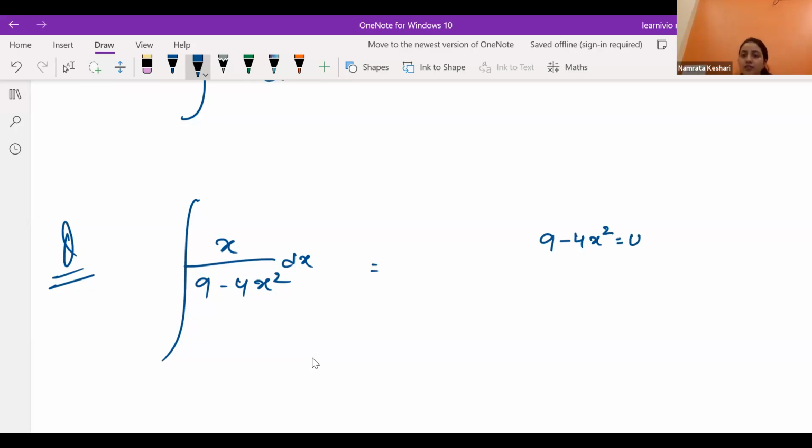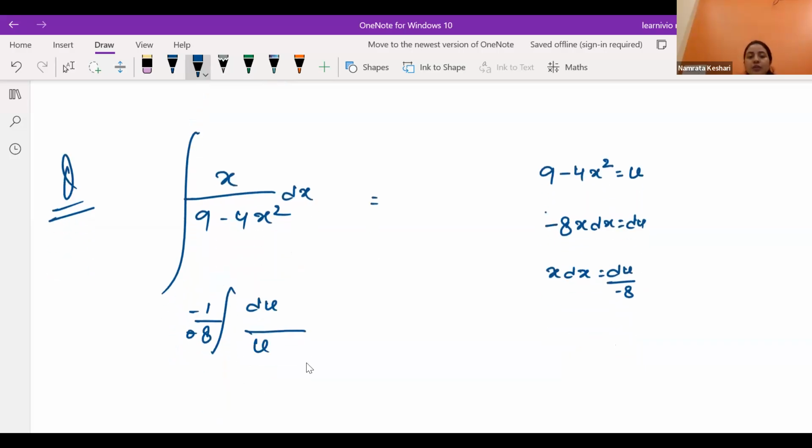We will end up getting 0 minus 8x dx is equal to du. x dx we are having, so minus 8 will not create confusion. We understand how to deal with this. x dx is nothing but du by minus 8, or minus 1 by 8 you can write over u. And from here you will be able to continue, right, Annapurna? Yes. Let's move.